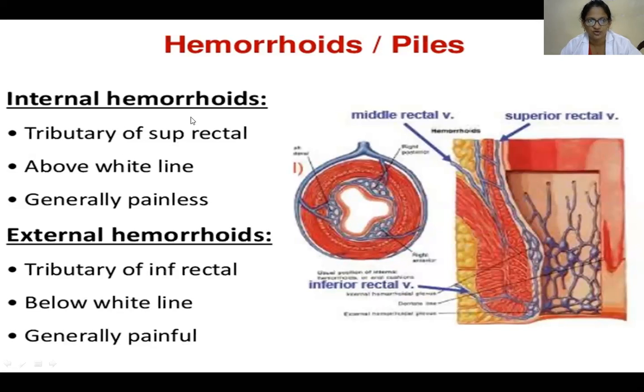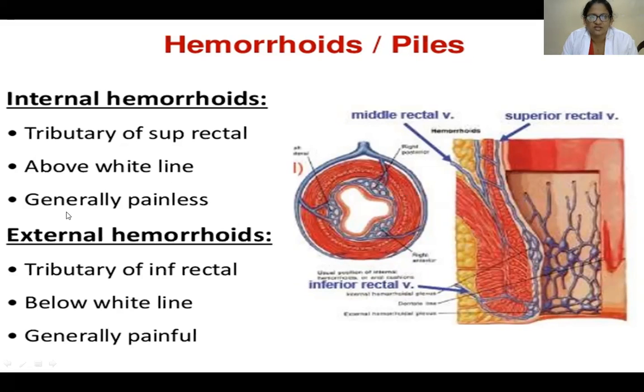External hemorrhoids are formed by tributaries of the superior rectal veins, whereas internal hemorrhoids are formed by tributaries of the inferior rectal veins. These hemorrhoids or piles mostly occur due to the veins. Dilatation of the veins causes these piles or hemorrhoids.